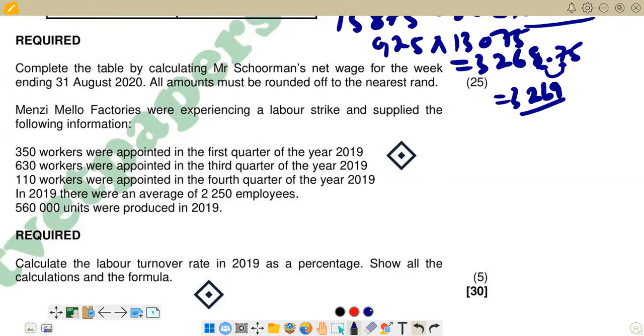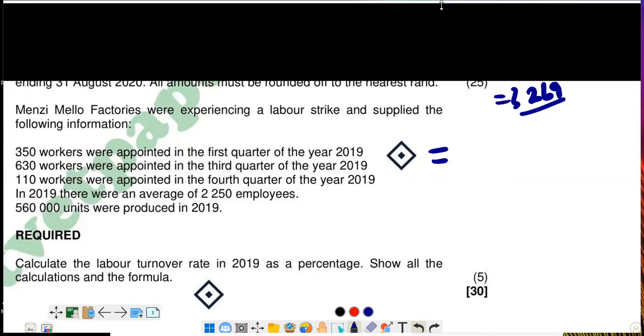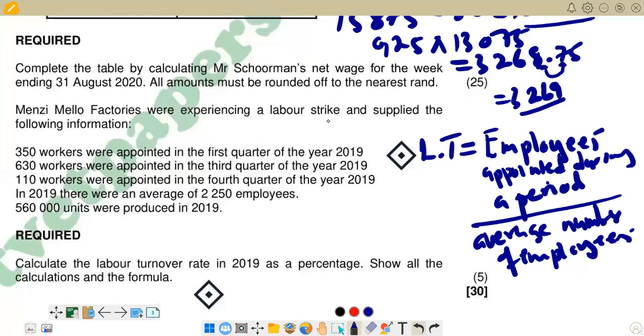So what is important there is to set up the formula first, and we know that the formula for labor turnover, you can indicate the formula first. So the formula for labor turnover is equal to employees appointed during a period over average number of employees.